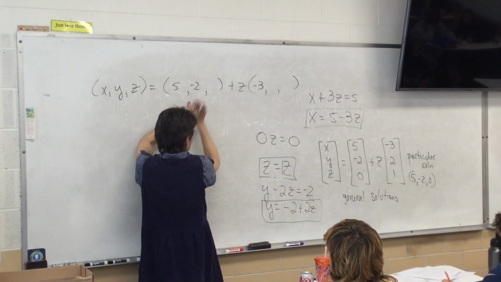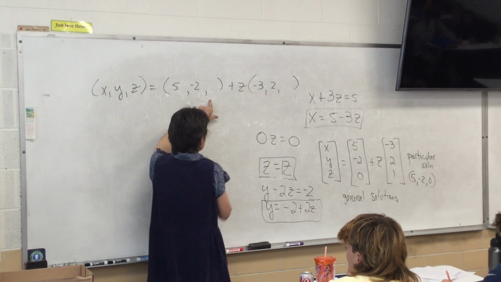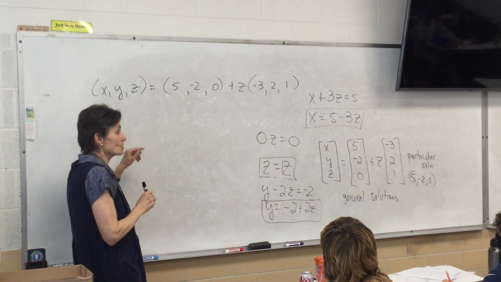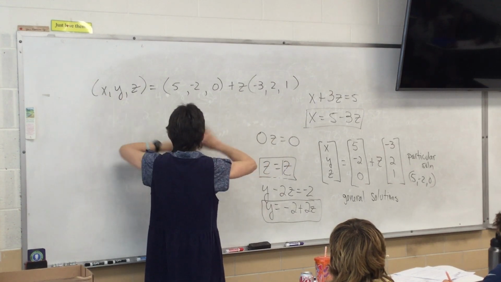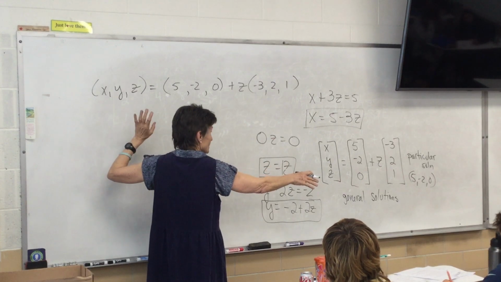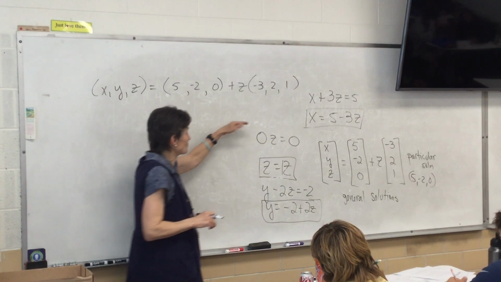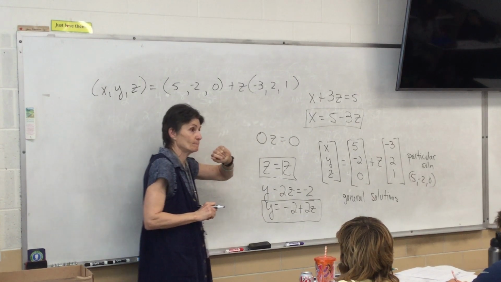Y is negative 2 plus 2 Z's. And Z is 0 plus 1 Z. So these two things are exactly the same. No one cares how you write it, but you gotta write it one way or the other when you end up with a matrix where you lose a row, basically. Your bottom row, all zeros.